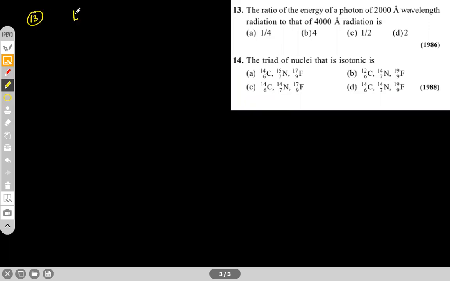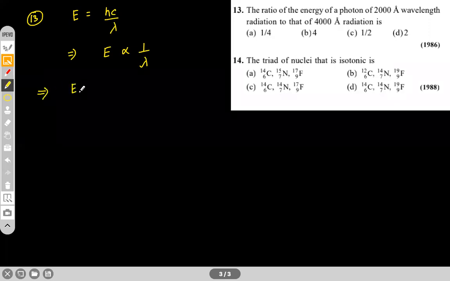We know the energy associated with the wavelength lambda is equal to hc by lambda. So what we can conclude from this is that energy and wavelength are inversely proportional. So we can write E1 by E2 is equal to lambda 2 by lambda 1.